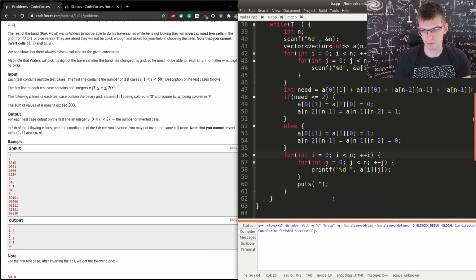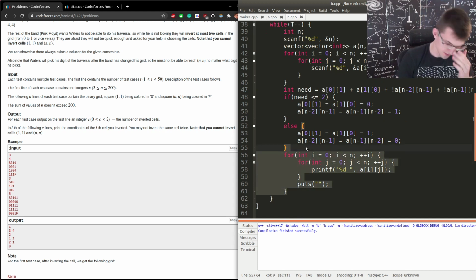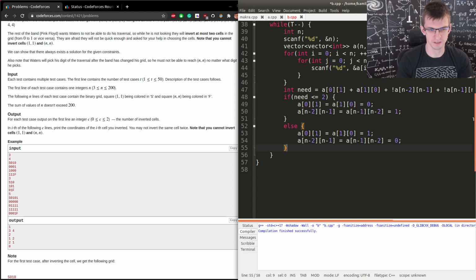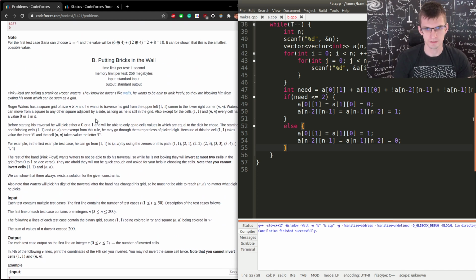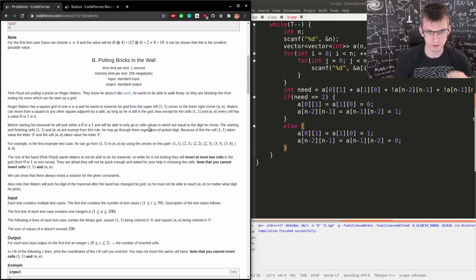Oh, okay, I messed up. We need to print coordinates of changed cells. So, what goes first, row or column?